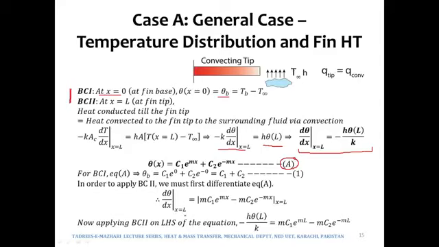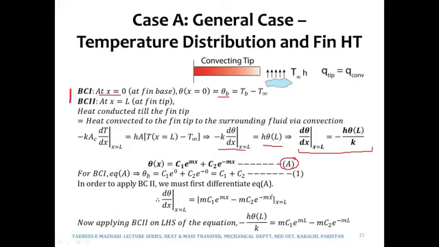Because the second boundary condition is at the tip of the fin. The right hand side is C1 e to the power mx. So C1 would remain C1. The differential of e to the power mx would be e to the power mx times m. Similarly, the differential of the second term would be C2 e to the power minus mx times minus m, and of course at x equal to L.